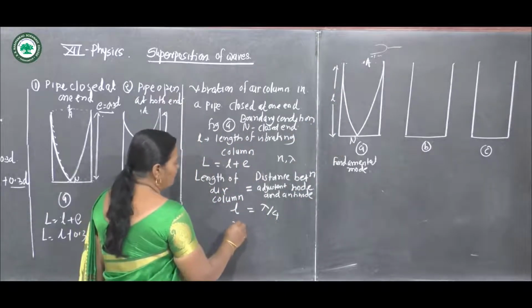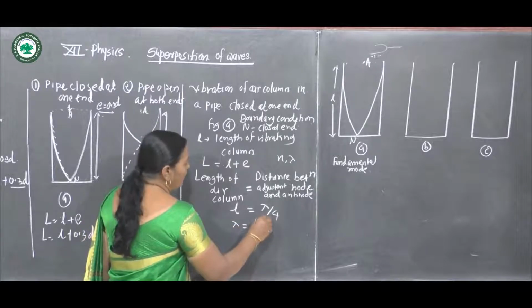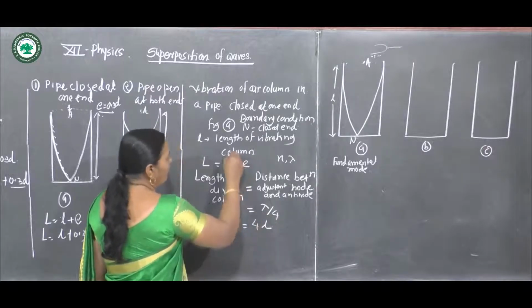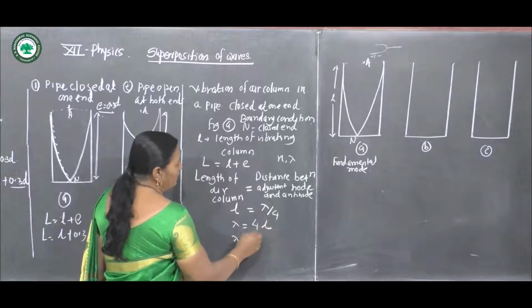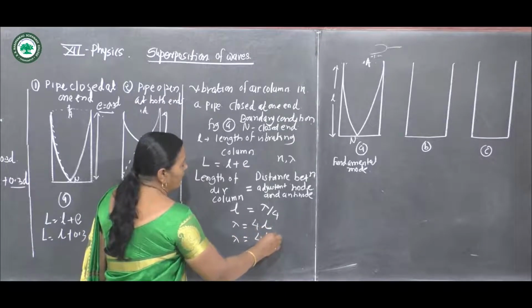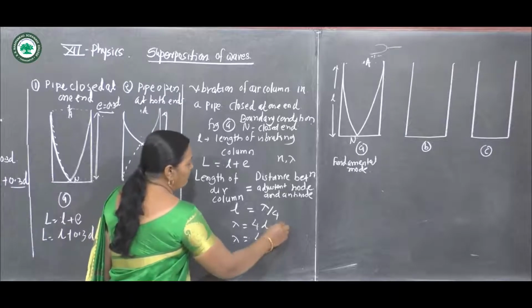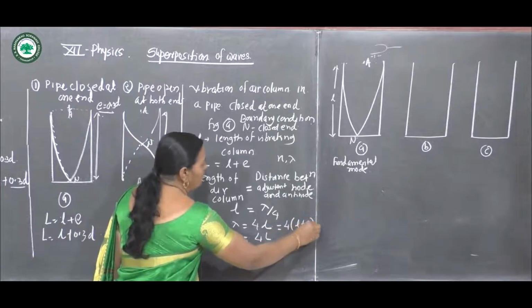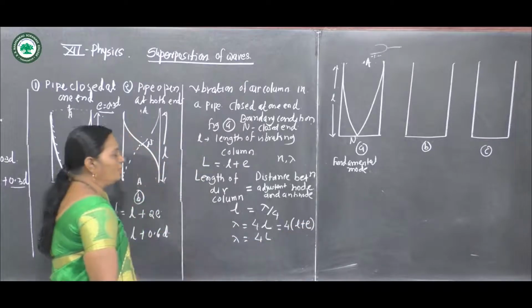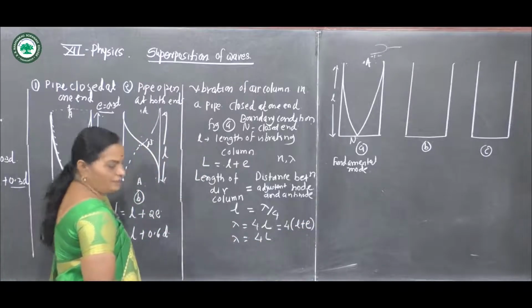Therefore lambda is equal to 4L. We can write the corrected length, that is lambda is equal to 4 into L plus E. Now we have the frequency.